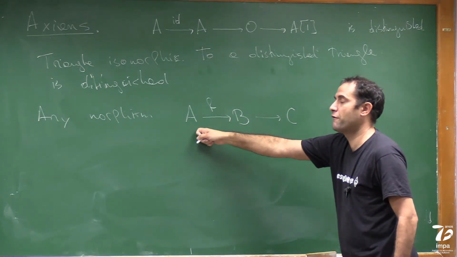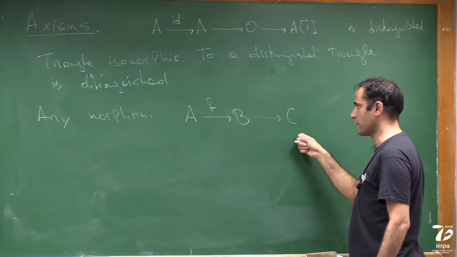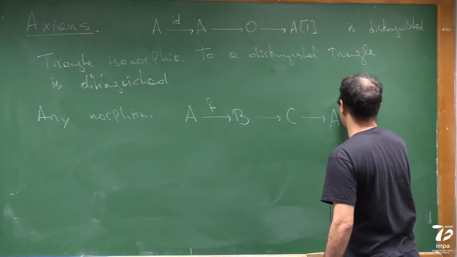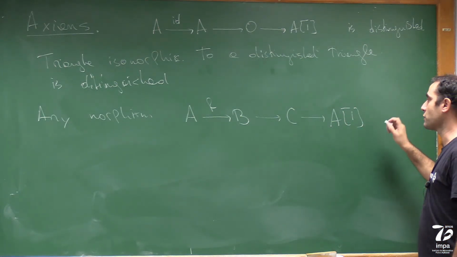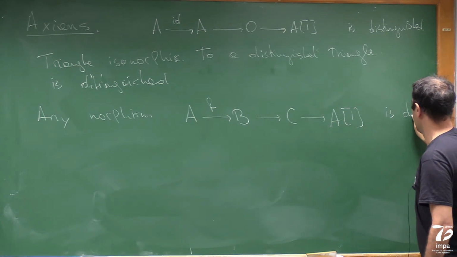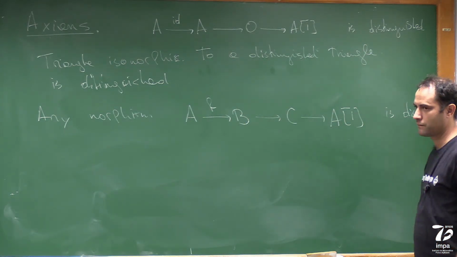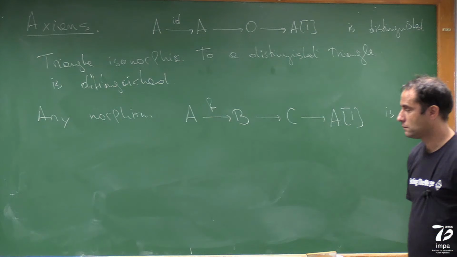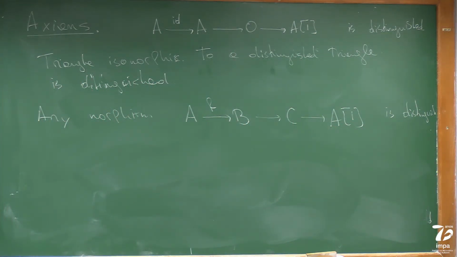Namely, if you give me a morphism from A to B, there exists some C, some morphism from B to C, and some morphism from C to A shifted by 1 in such a way that this is a distinguished triangle. So any morphism fits into a distinguished triangle.